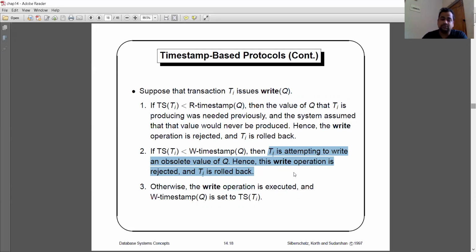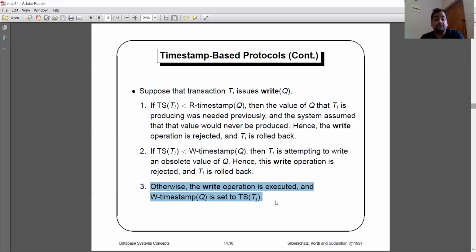If these two conditions are not satisfied, then we go for the third rule: if the first two conditions are not satisfied, then we perform the write operation. You can check that in the first two cases there is no write operation; there is a write operation only in case number 3.